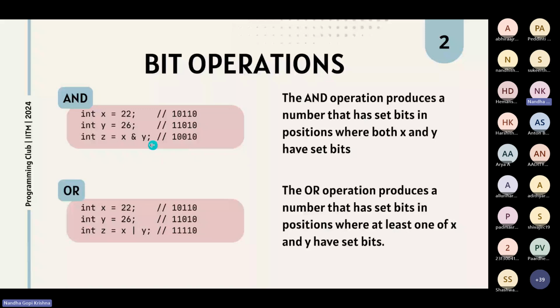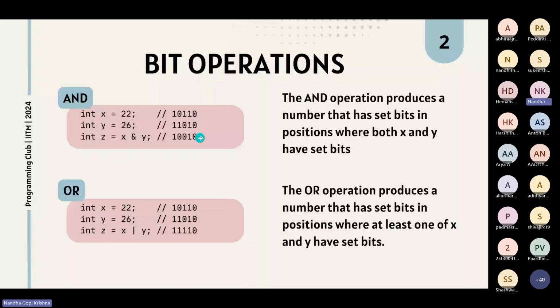Now, what does the AND operation do? For each bit, it produces a number that has the bits set in the positions where both X and Y have the bits set. So what does that mean? We can take a look at the example. The least significant bit, the rightmost bit, is 0 in X, 0 in Y, so 0 in Z as well.